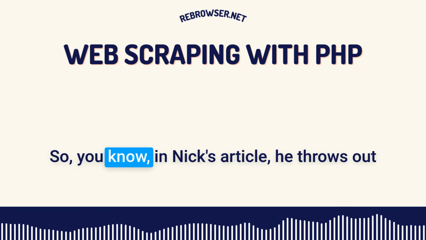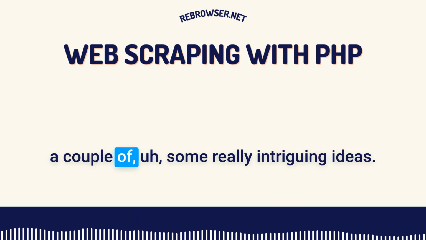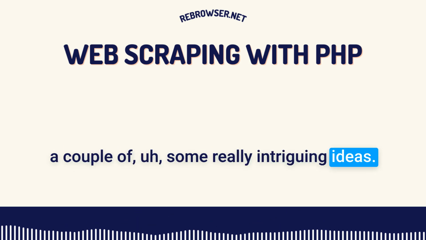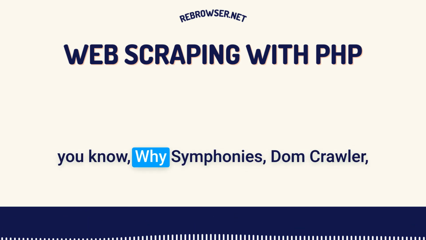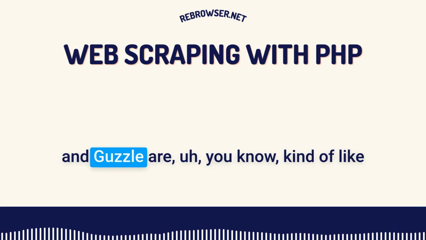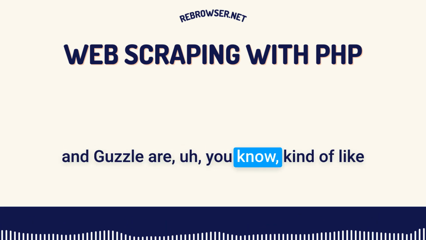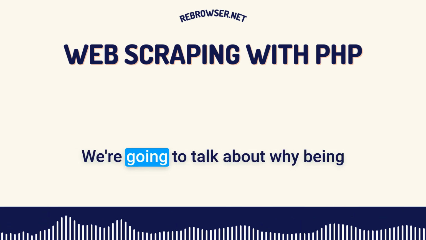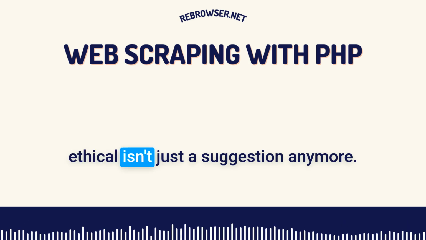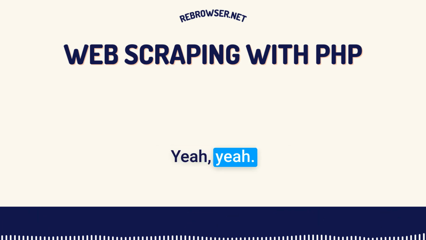In Nick's article, he throws out some really intriguing ideas. We're going to look at why Symfony's DomCrawler and Guzzle are the power couple of modern scraping. We're going to talk about why being ethical isn't just a suggestion anymore, it's critical.